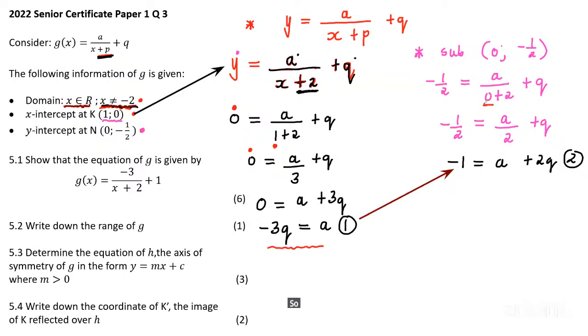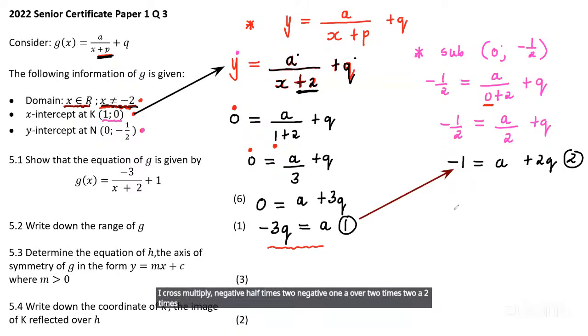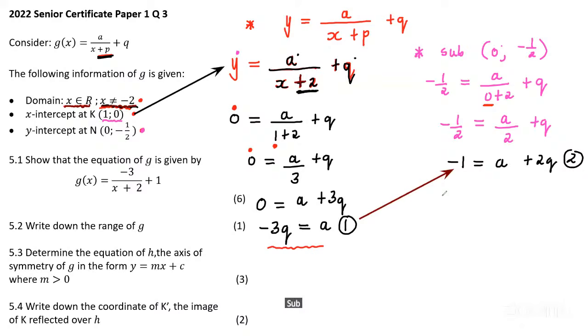So where there's x, I put 0. Where there's y, negative half. Algebra, I cross multiply. Negative half times 2, negative 1. A over 2 times 2, a. 2 times q, 2q, equation 2. Then it means substitute equation 1 into equation 2. So it's negative 1 is equal to a, negative 3q plus 2q.